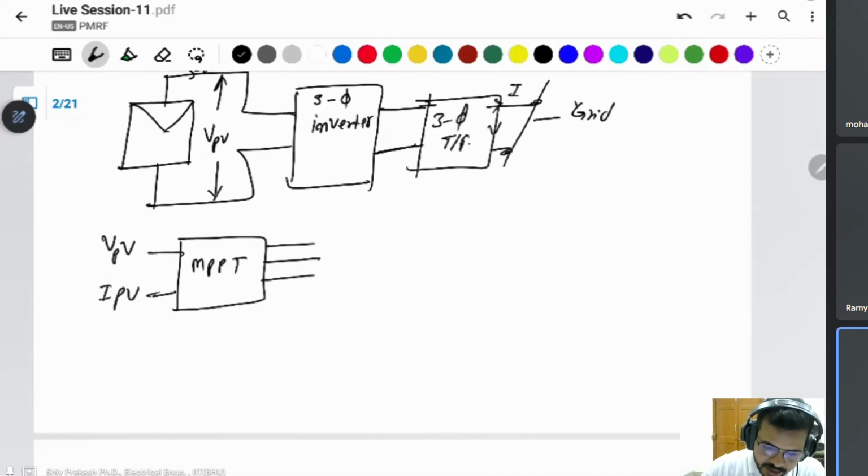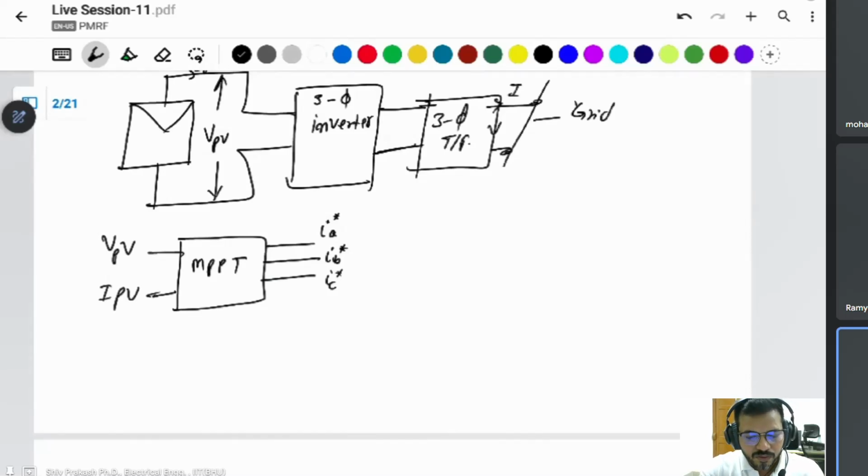Then it will generate three references for the three-phase current: IA, IB phase and IC phase. The same references are given to the controller. Then the controller generates PWM according to this to generate this current and feed it to the grid.